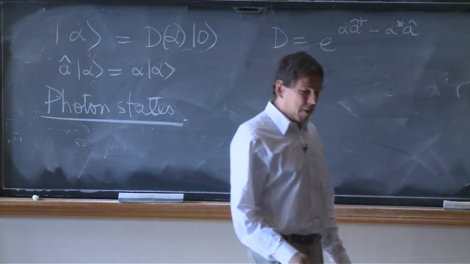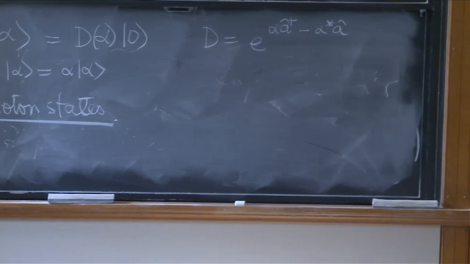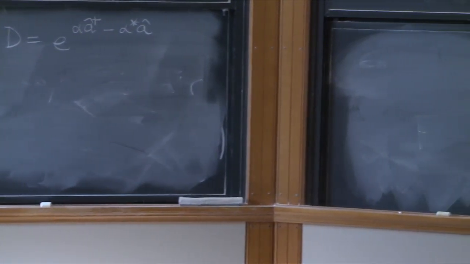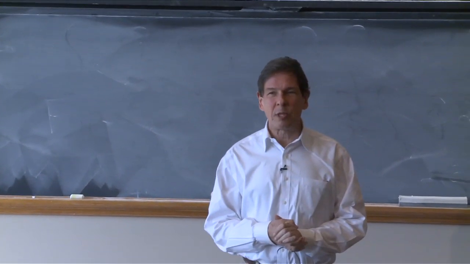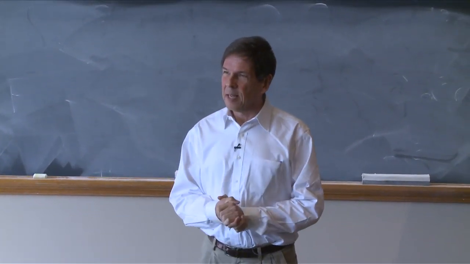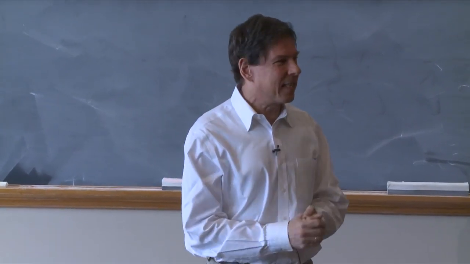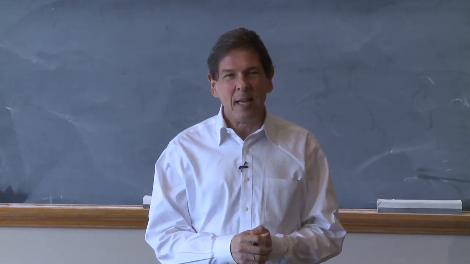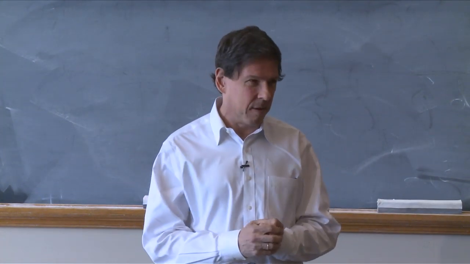So that will be probably about half of the lecture. And in the second half of the lecture, we will begin a more systematic study of two-state systems. Two-state systems, of course, are our spin states, the classical two-state system. And we're going to sort of put it all together.